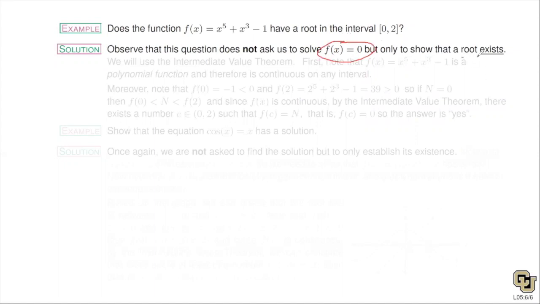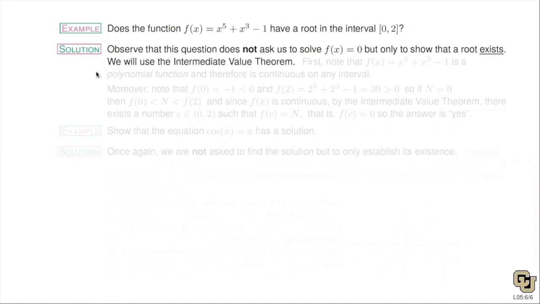But I just want to show the existence. I do not want to try and actually find the root, because for this problem, it's almost impossible. X to the fifth plus x cubed minus 1, I don't think you can factor that easily. So here, it's very important that we understand we're not trying to find the root, just show that a root exists.